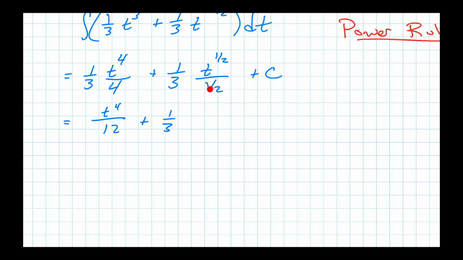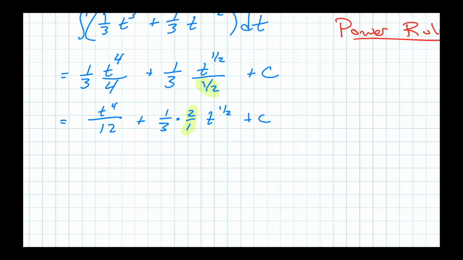When you divide by 1/2, that's the same thing as multiplying by 2 over 1, right? Dividing by a fraction is multiplying by the reciprocal. So then what you want to do is just combine those fractions.